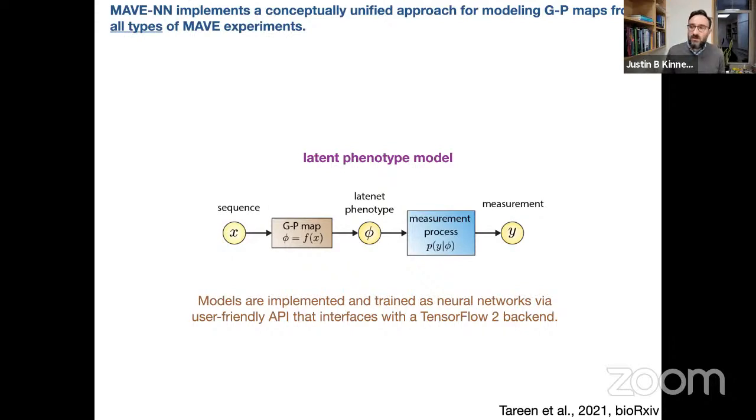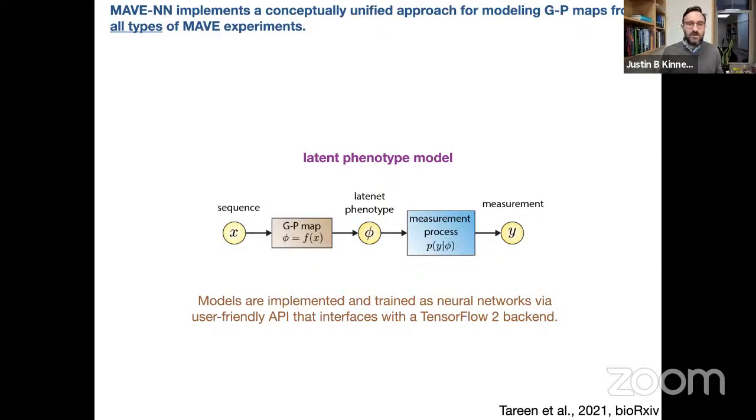They assume that each sequence x is mapped to a low-dimensional latent phenotype variable phi via a deterministic genotype-phenotype map. After that, the latent phenotype then determines the experimental measurements through a stochastic readout process. So the measurement is a stochastic, often very highly nonlinear readout of the underlying latent phenotype.